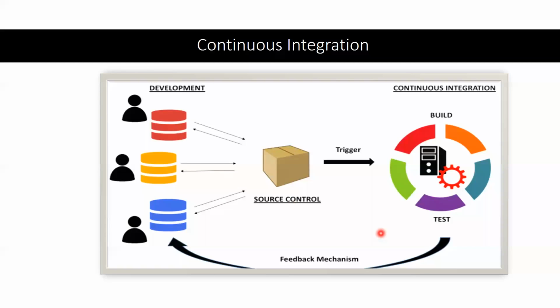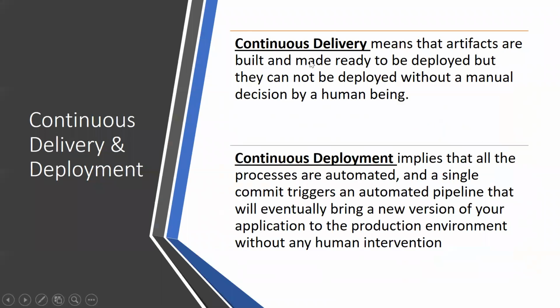Okay. Now, next is continuous delivery and continuous deployment. There is a difference between delivery and deployment. The main difference is that delivery says I'm ready to move. All the artifacts are done, meaning I have done the testing automatically. The code is developed, tested, built, everything is done. Now we need to move to production, and someone needs to approve it.